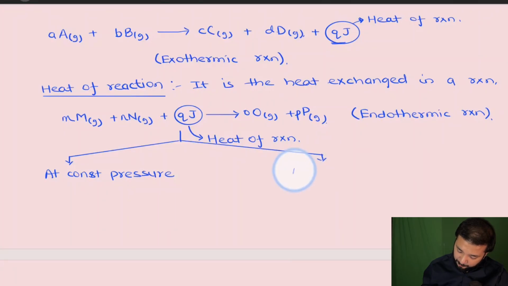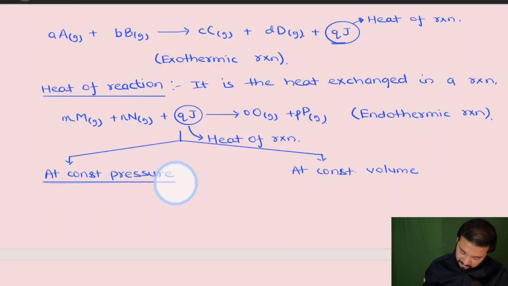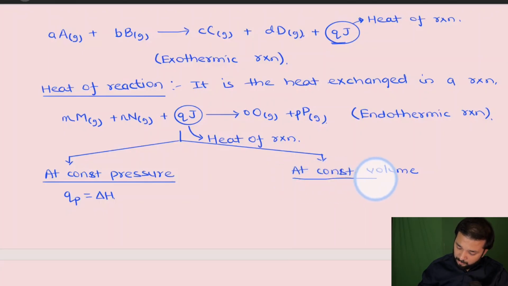In case of constant pressure, the heat which is exchanged is written as QP, and that will be equal to delta H of the reaction. What is delta H? That is change in enthalpy. In the same way, if it is done at constant volume, then that heat will be written as QV, and that QV will be equal to delta U of the reaction.